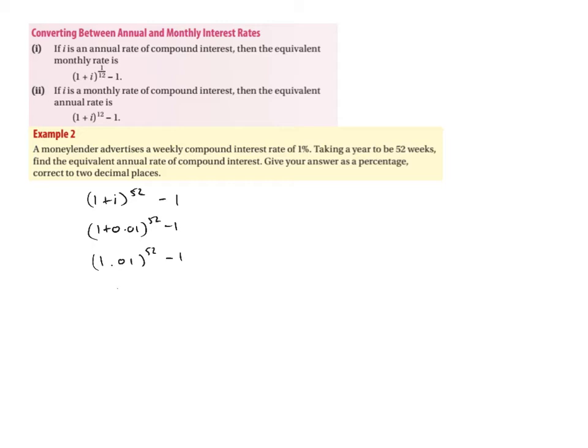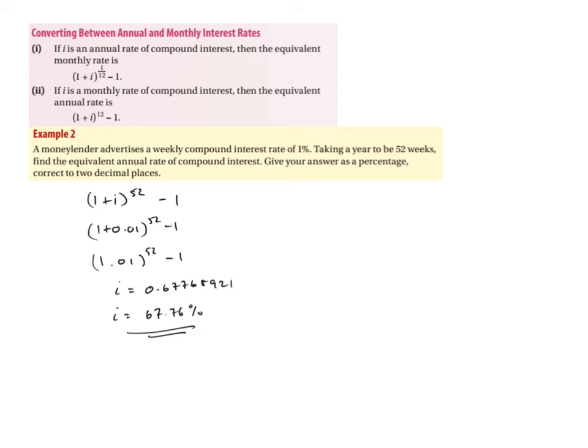If you stick that into your calculator, i is equal to 0.6776891, which means the annual interest rate is 67.76%. It's quite a hefty bill.